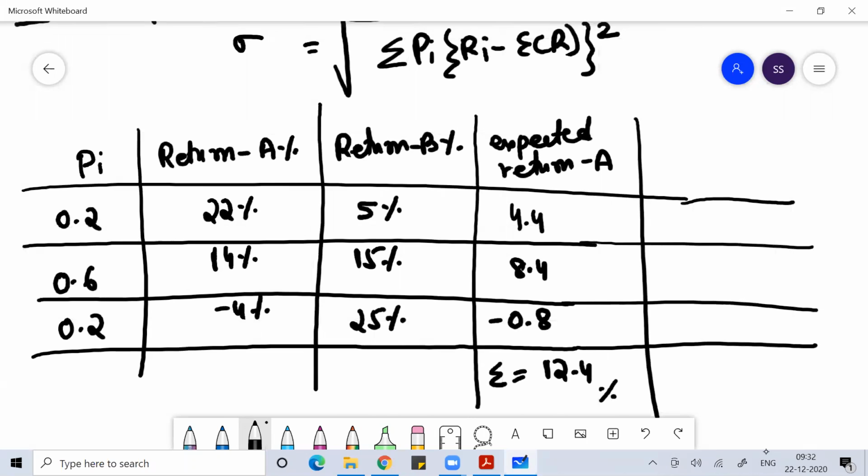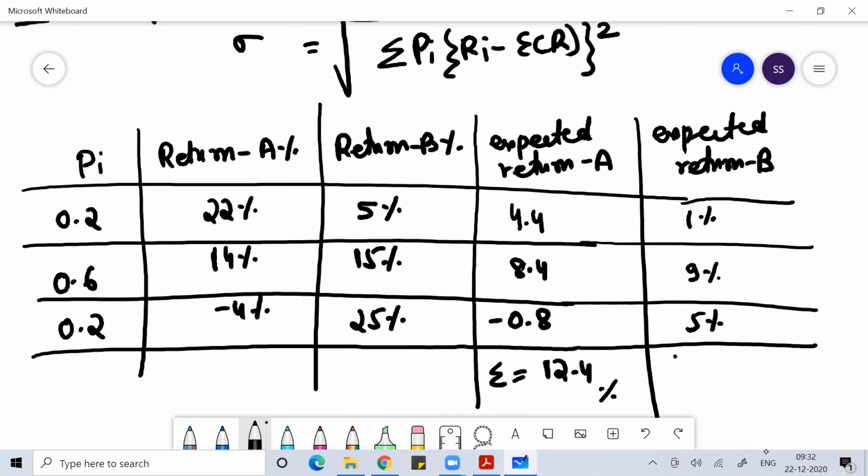Then the expected return on B. 5 into 0.2 means 1%. 15 into 0.6 is 9%. 25 into 0.2 means 1 by 5 into 25, 5%.